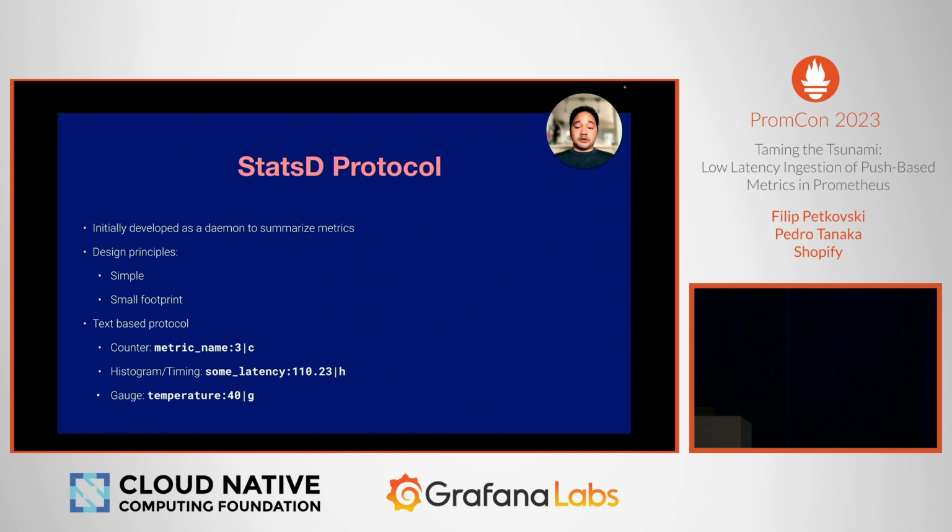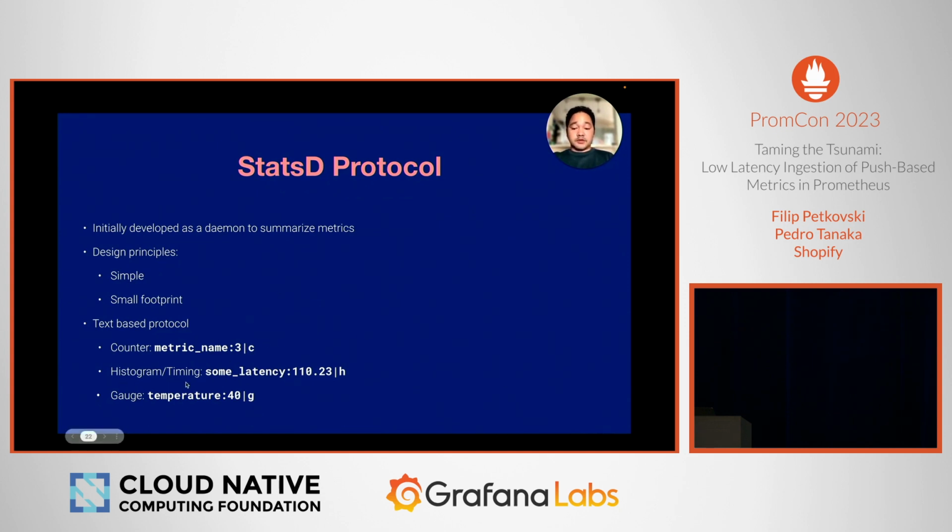The text-based protocol from statsd works like this. You have the metric name, a value, and a character representing the metric type. So for a counter, you could have a metric called metric name with a value of 3, and then a C representing the metric type of a counter.